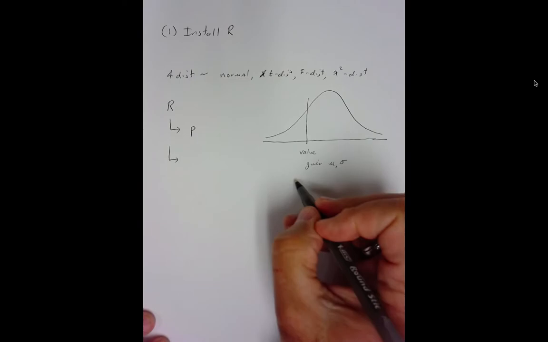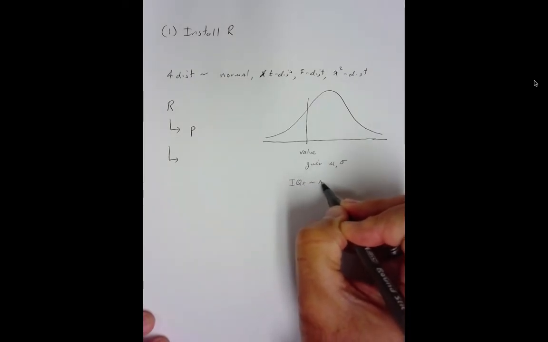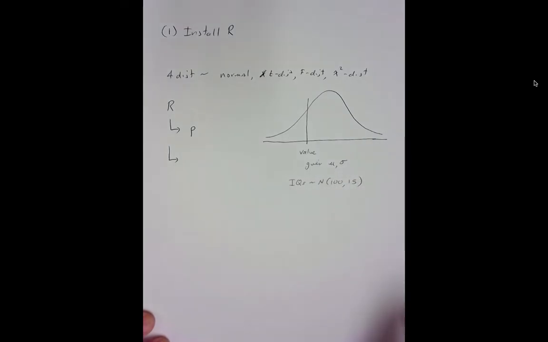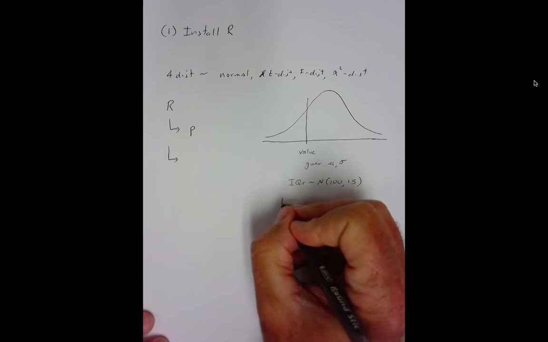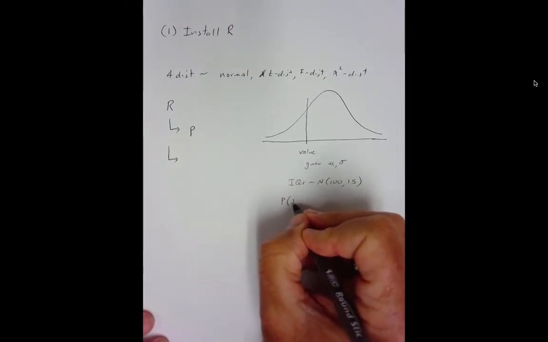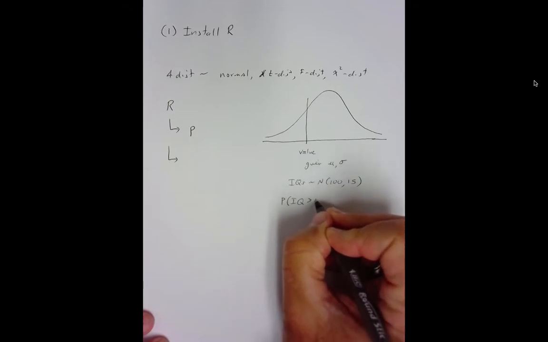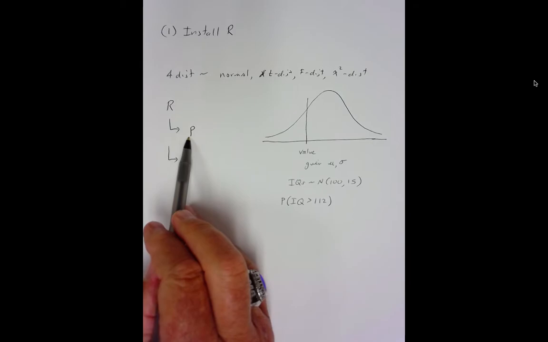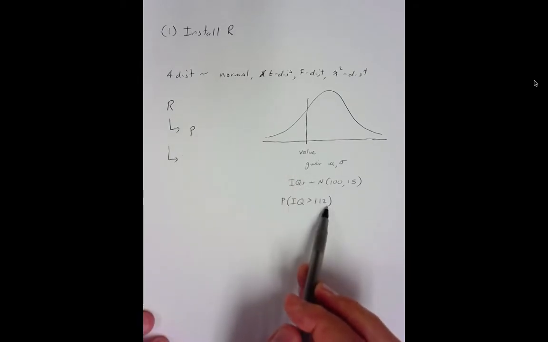So, if IQs follow a normal distribution with a mean of 100, standard deviation 15, and we'd like to know the probability of randomly selecting someone who has an IQ greater than 112, we could use this P function in R to work this problem.